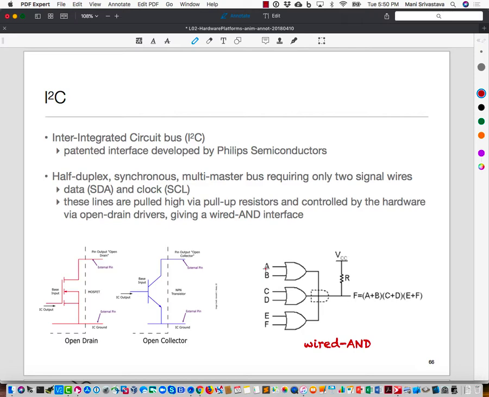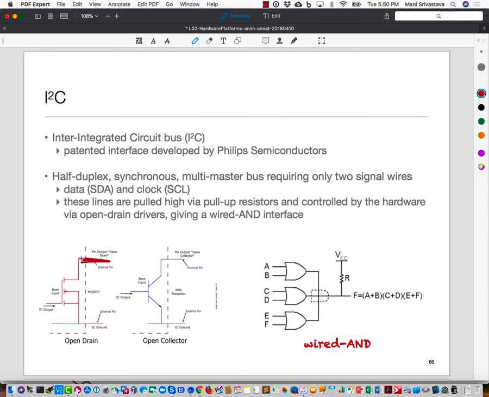So when I want to put a 1, then the upper switch is on, the output wire gets pulled up to 1. So we're focusing on this wire, okay? So normally, to output a 1, there will be a switch at the top, which will be driving it to 1, and the bottom switch will be off. And if I want to put a 0 out here, it's the other way around. The upper switch will be off, and the bottom switch is pulled down.